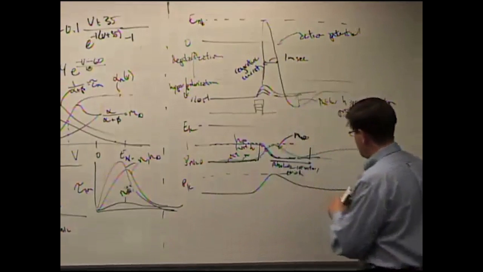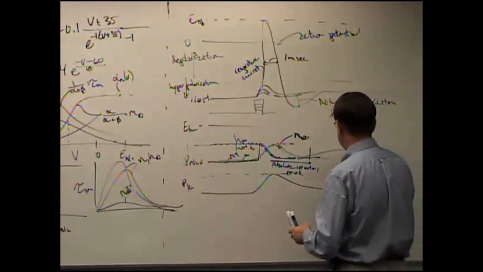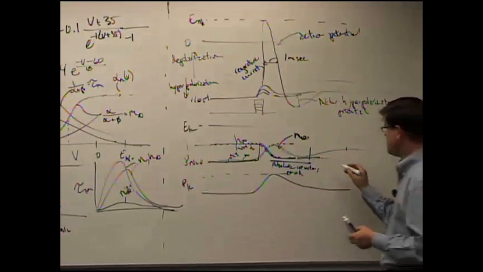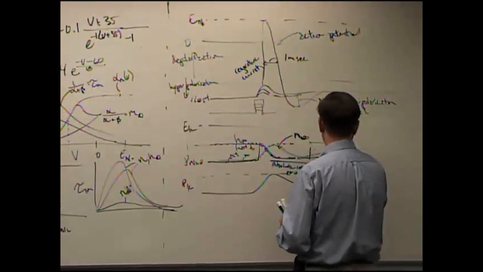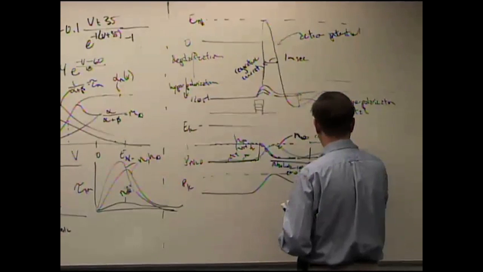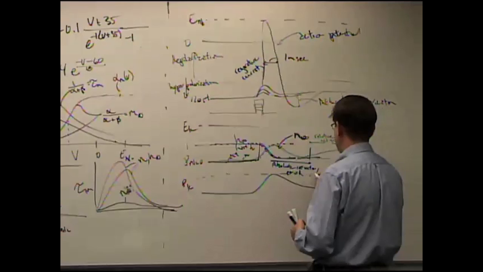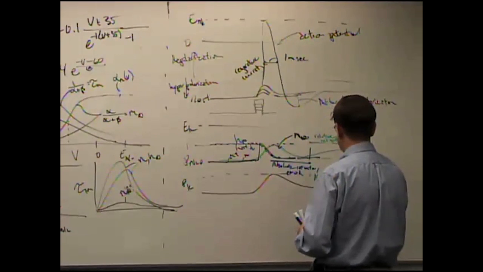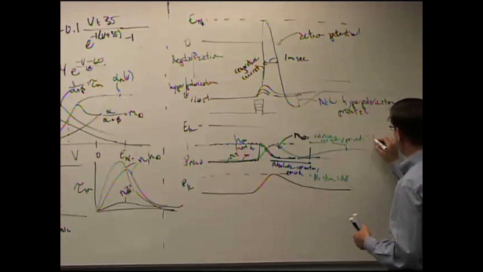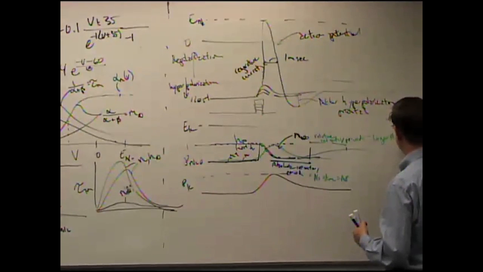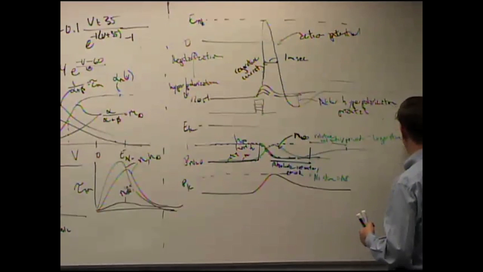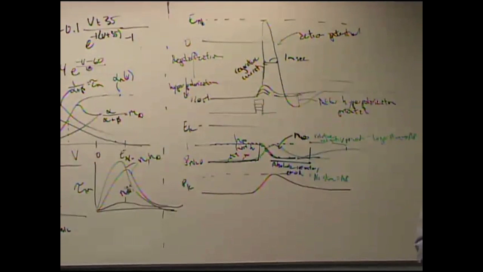Then there's a period of time when it takes more current to make the neuron fire, and this is called the relative refractory period. So the absolute refractory period is no stimulus results in an action potential, and the relative period is a larger stimulus results in an action potential. Okay? So that's the Hodgkin-Huxley equations.